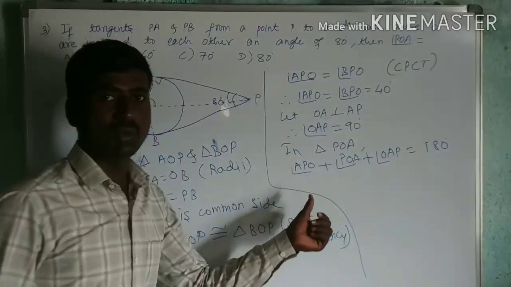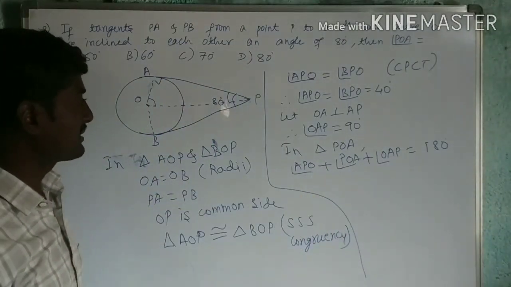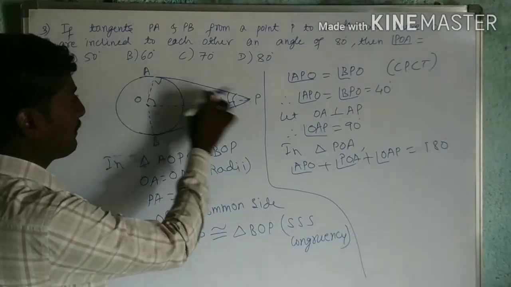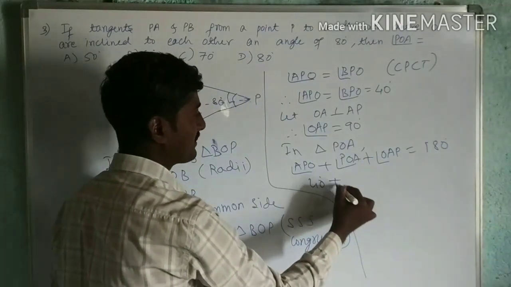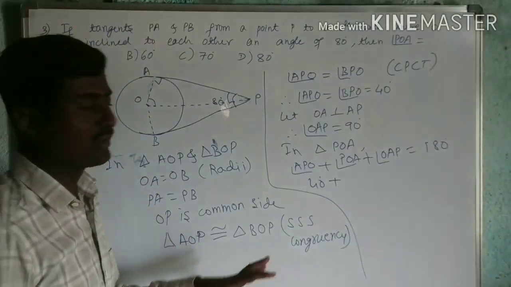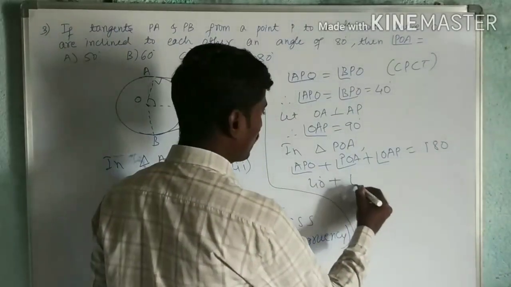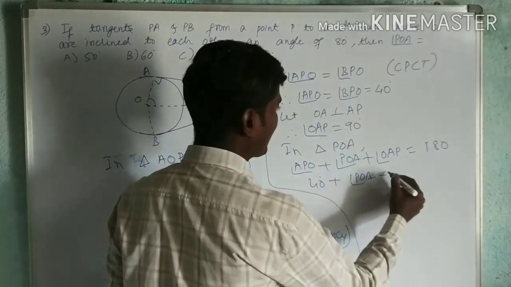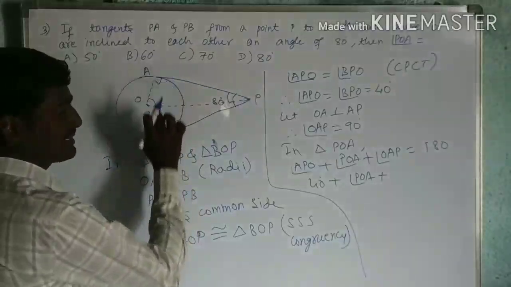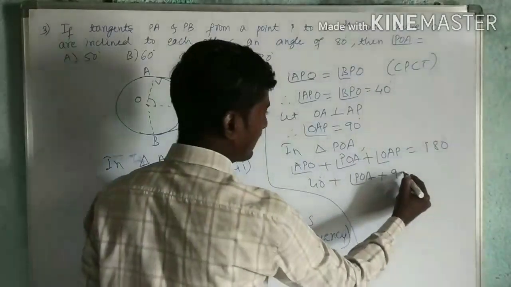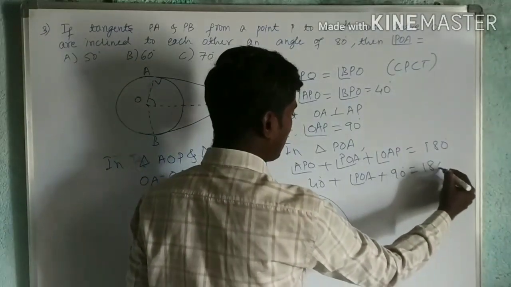Now let us substitute the values. Angle APO is 40 degrees, already got it. 40 degrees plus POA, we have to find it, plus OAP, which is 90 degrees, is equal to 180.